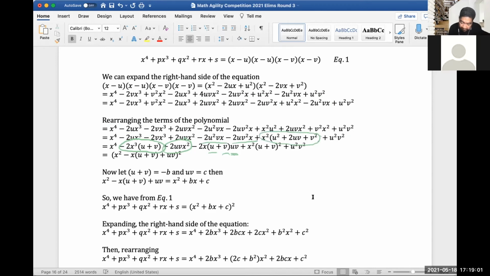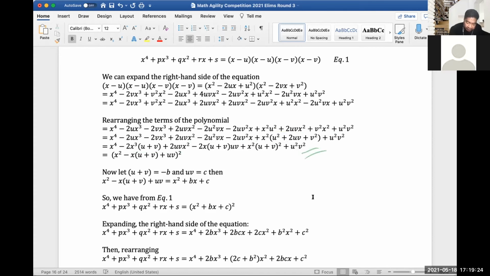So if you look at the inside of the parenthesis, that is actually a perfect quadratic. So u plus v squared results into that, and then copy u squared v squared. So if you observe, this is actually a quadratic in three terms.